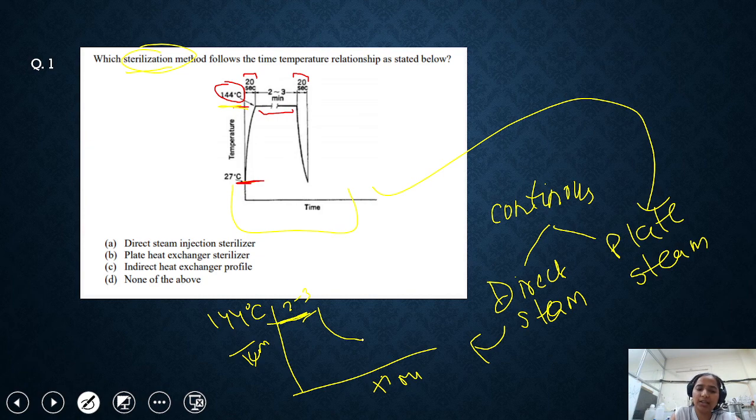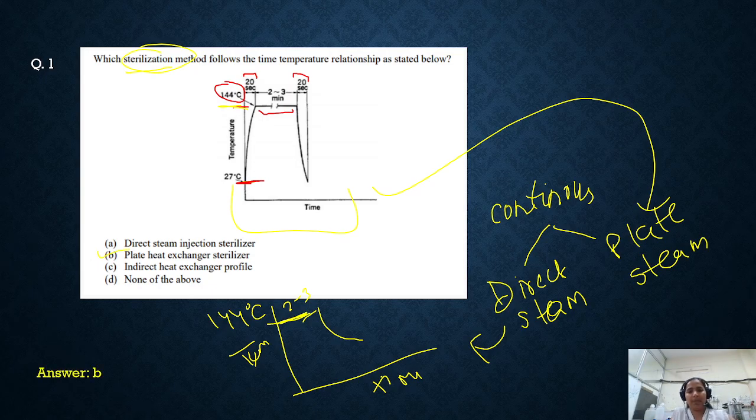In this, the solution or the inoculum is directly sterilized at 144 degrees Celsius, but in plate steam a time gap is given. These both are examples of continuous sterilization method. So for this question, the answer is plate heat exchange sterilization method. Okay.